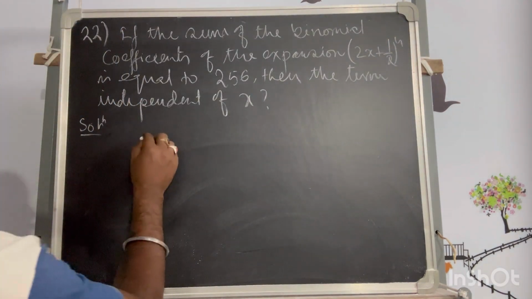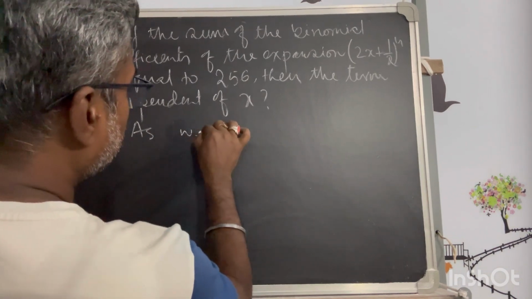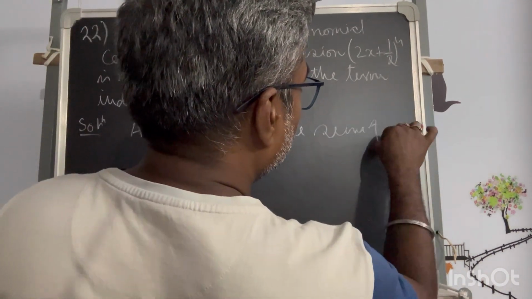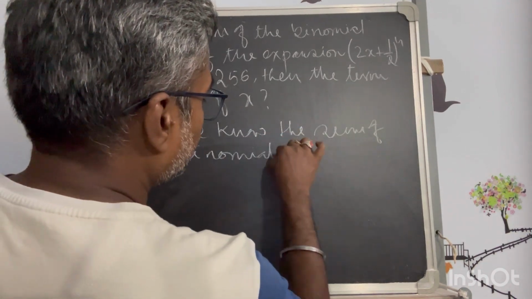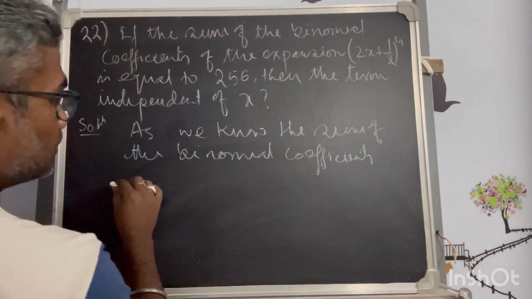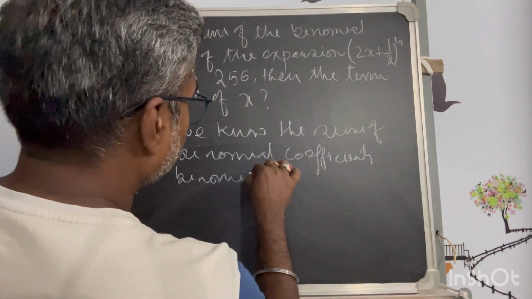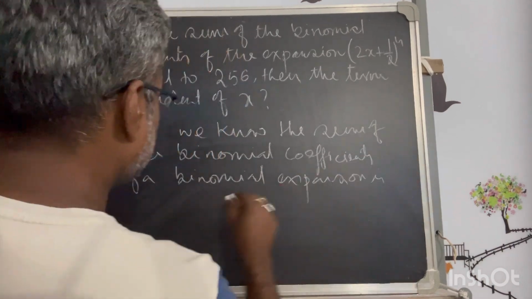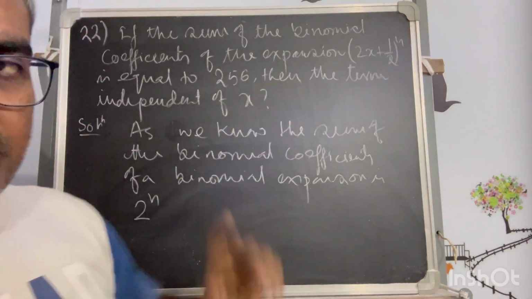So, as we know, the sum of the binomial coefficients of a binomial expansion is 2 to the power n, as n is the highest power of the binomial series.